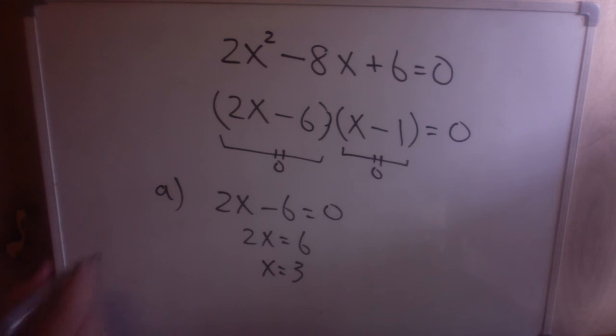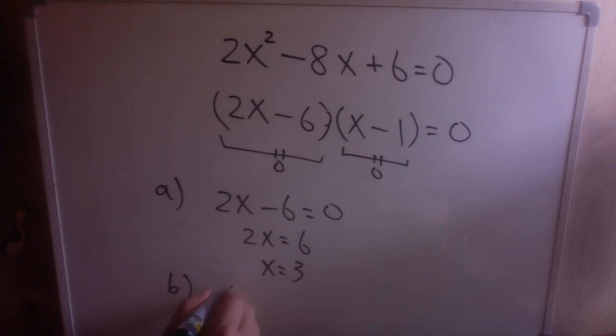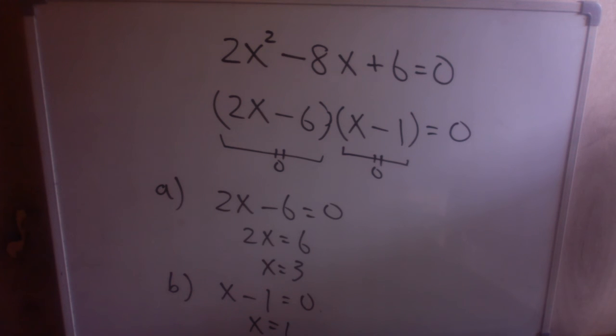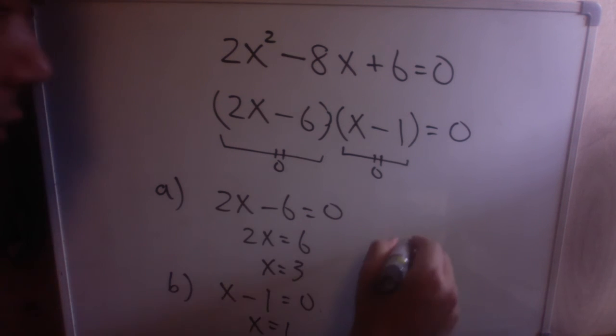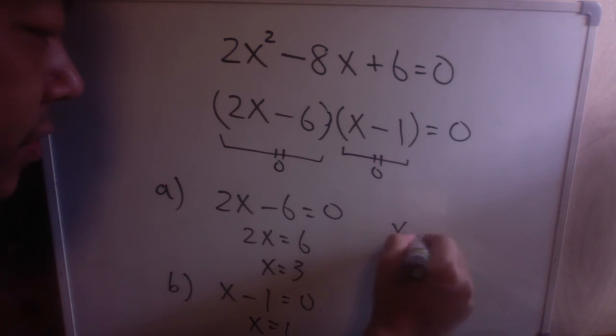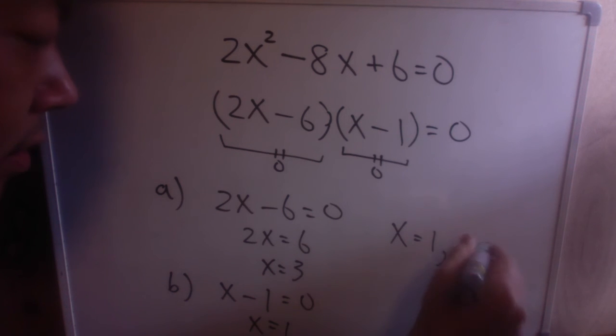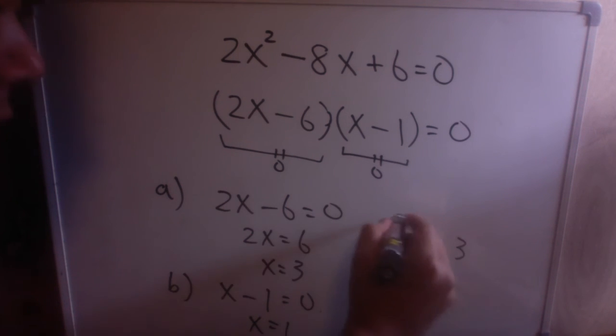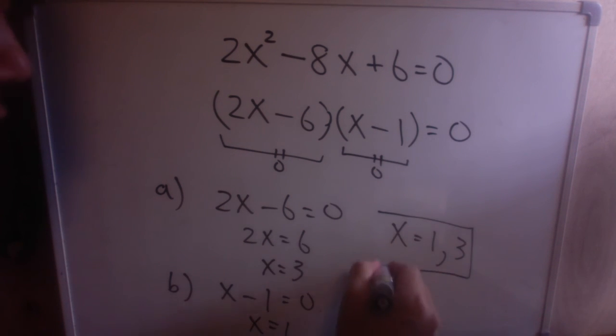And the other part is if x minus 1 is equal to 0. So negative 1 goes to the other side, and the other answer is x equals 1. So we have our solution, x equals 1 or 3, and that is our solution.